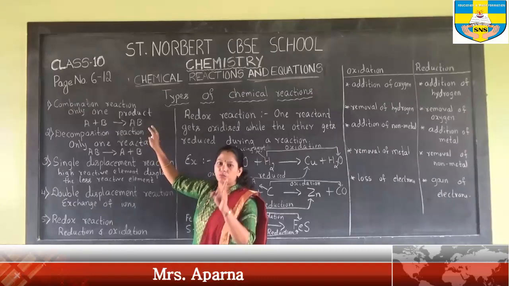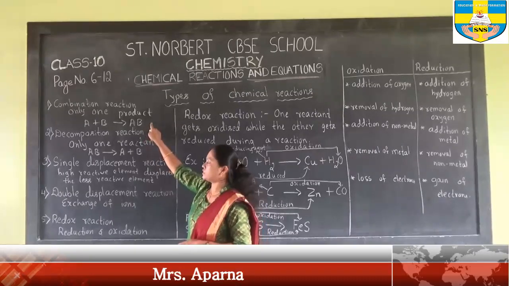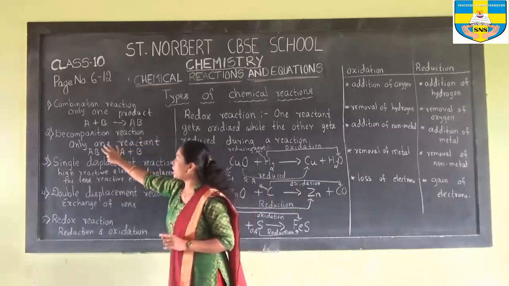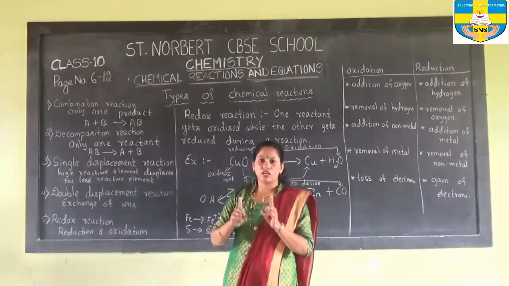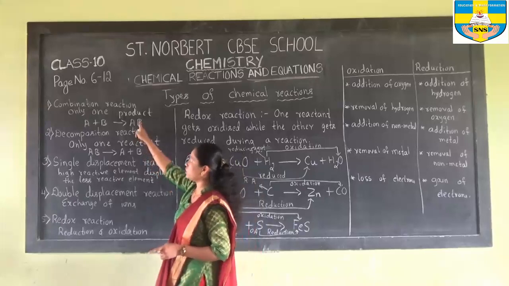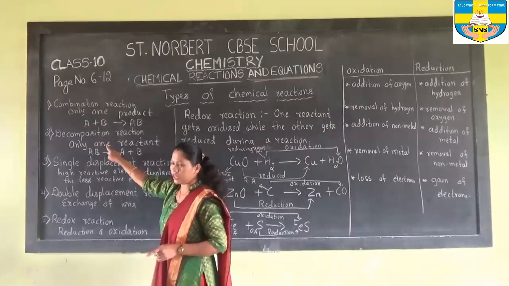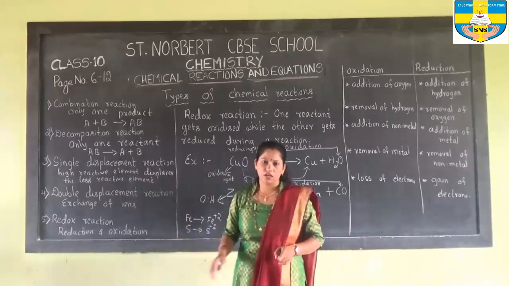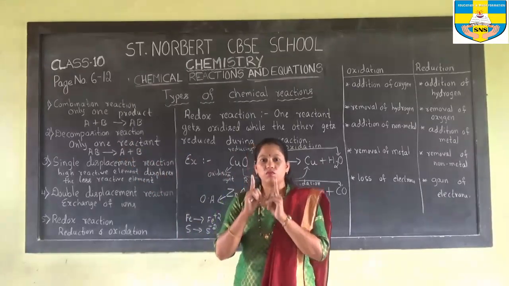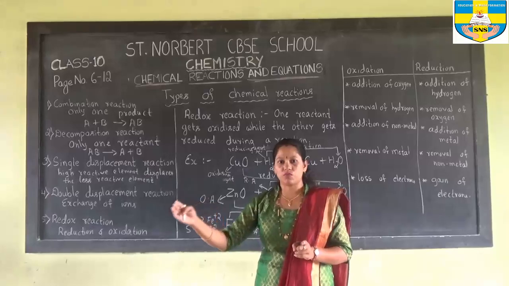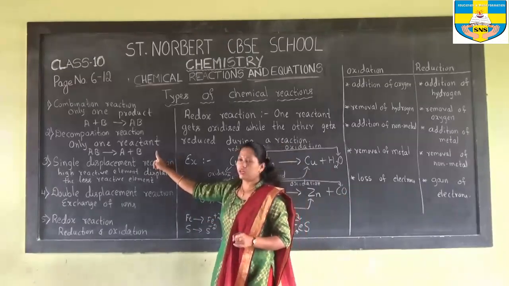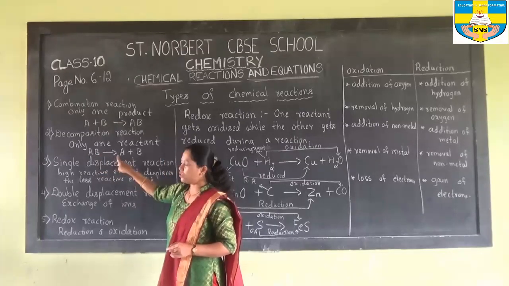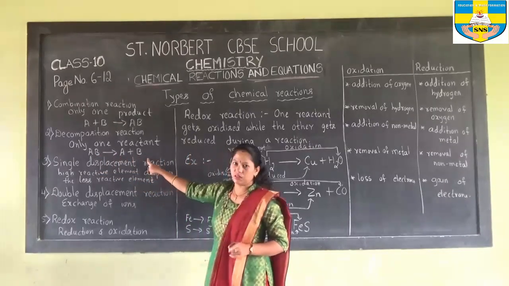Any reaction that produces a single product comes under combination reaction. Next, decomposition reaction is the opposite of combination. In the decomposition, only one reactant is present and it produces a number of products. AB decomposes into A and B.